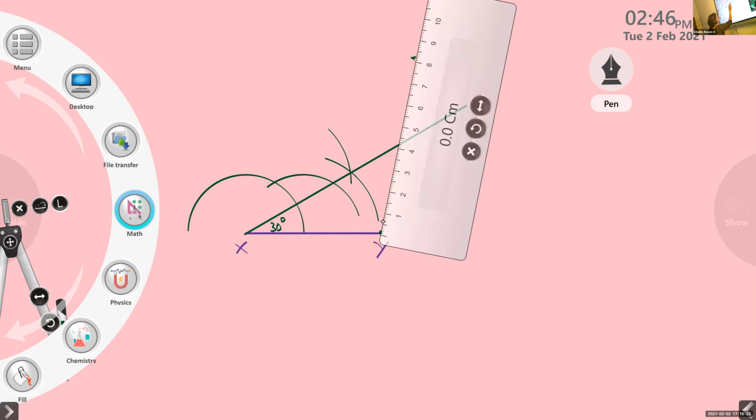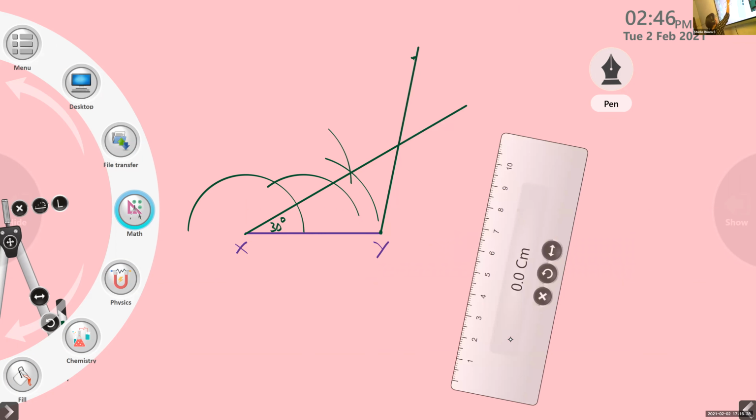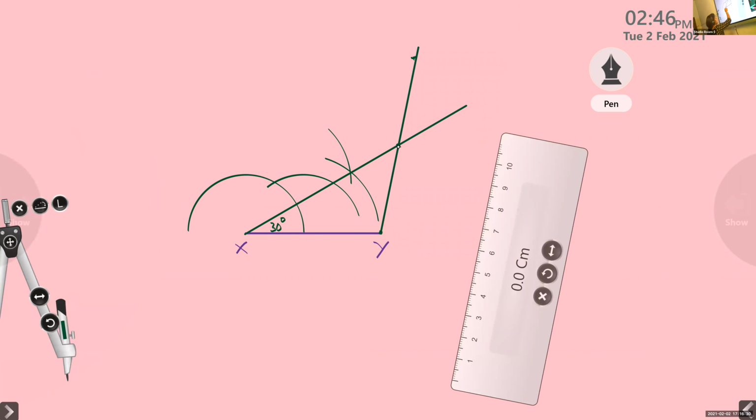Now join. Where the lines meet together, you can mark X, Y, Z. That point is Z. This is 100 degree.